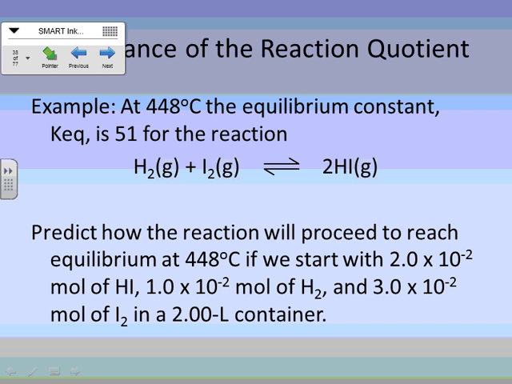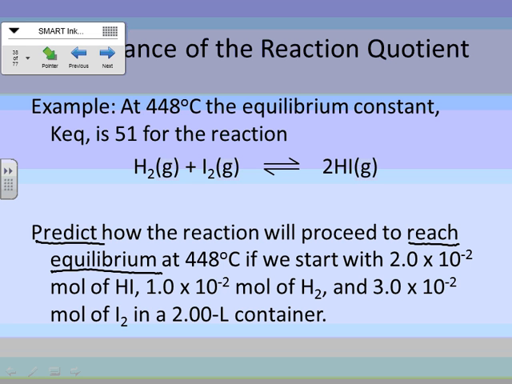All right. So the main thing that you need to notice about this question, and this is how you're going to know that you need to use Q as opposed to K, it's saying predict how the reaction will proceed to reach equilibrium. Well, what does that tell us? We're not there yet, okay?